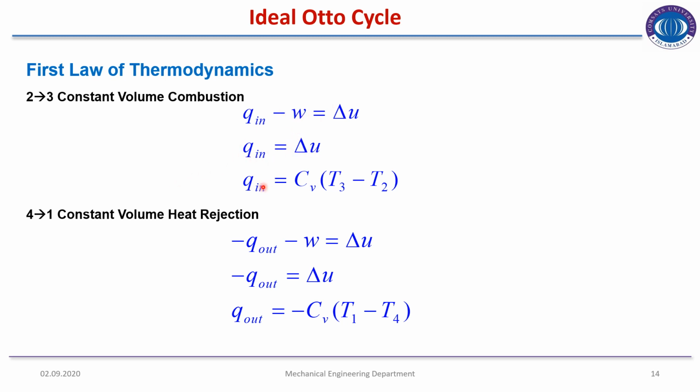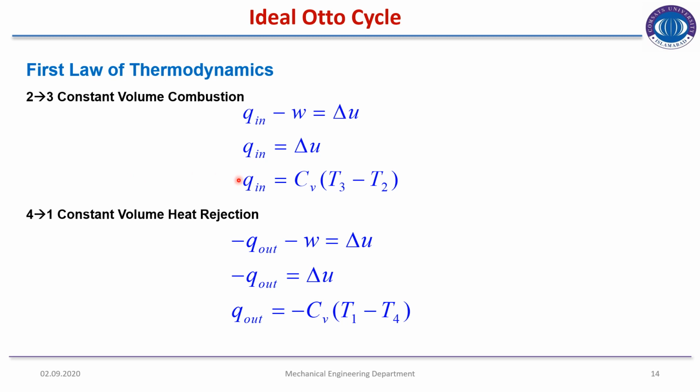So Q in is equal to delta U, and Q in is equal to Cv (T3 minus T2). And for process 4 to 1, this is a constant volume heat rejection. Similarly, Q out is equal to minus Cv (T1 minus T4). So we have two equations for Q in and Q out.